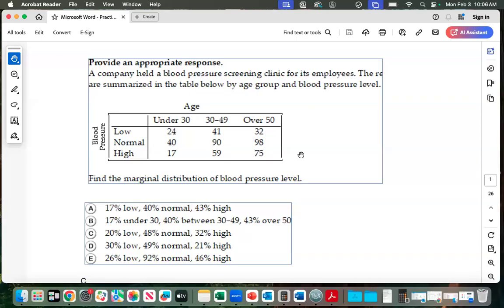So you guys should be able to confirm. One of your colleagues was able to do that for us. So low, he had 97, normal 228, and then high 151.